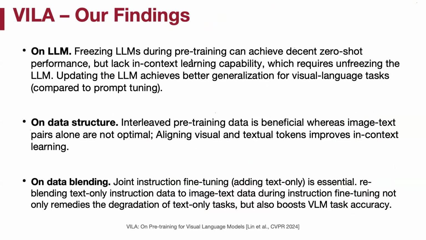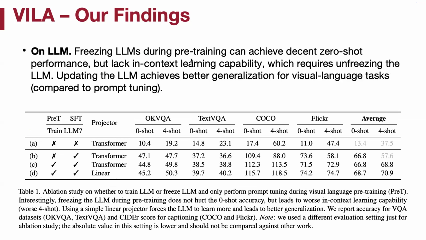Okay, to put a long story short, VILA constitutes three major findings: our understanding of the large language model, our understanding of data structure, and our understanding of data blending. For the large language model, the biggest question is how we should train it.